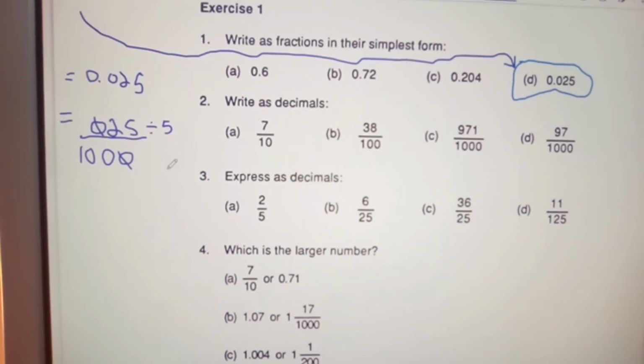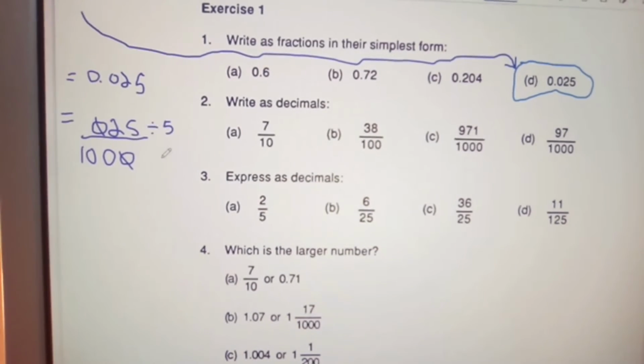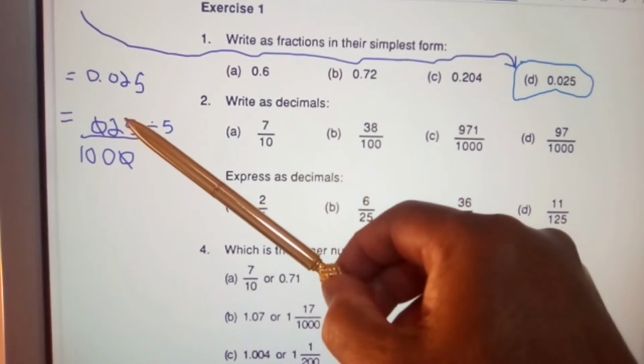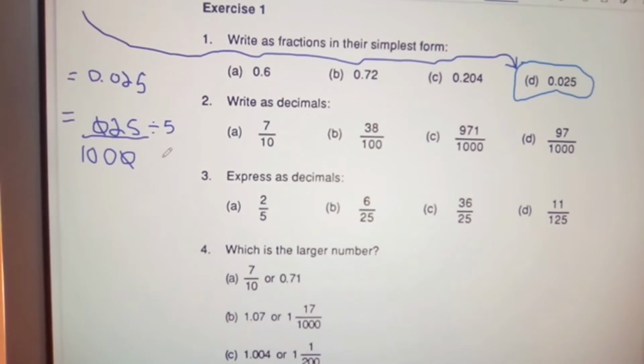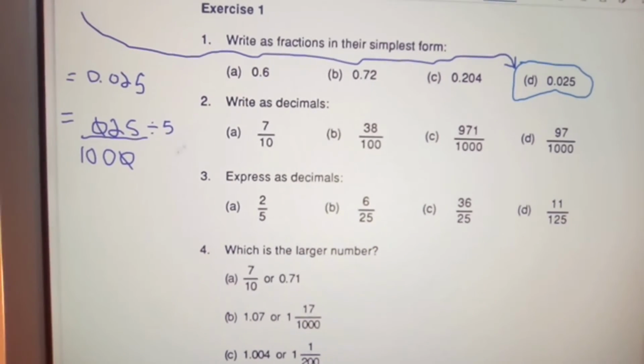So you're looking for a common number that will go into both top and bottom, numerator, denominator, numerator, denominator. So that will go into both the numerator and your denominator.